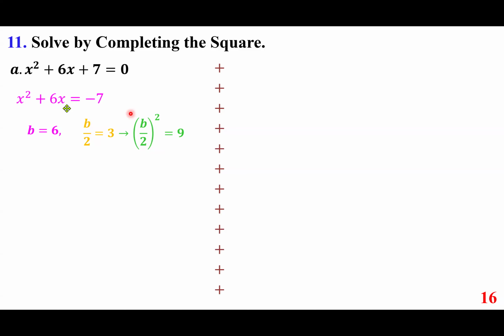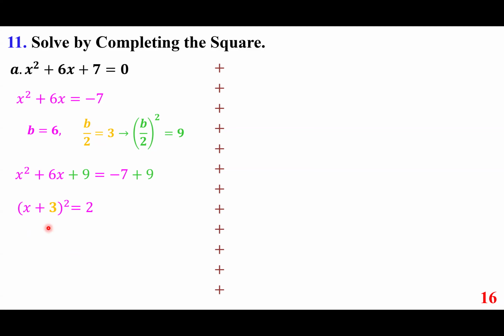We are going to add the 9 to both sides. Now, when you do that, the left side is always x and b over 2, including the sign. So (x plus 3) quantity squared. The right side, you add up the two numbers, we end up with 2.